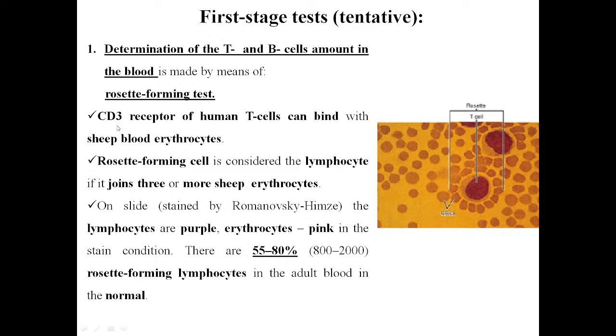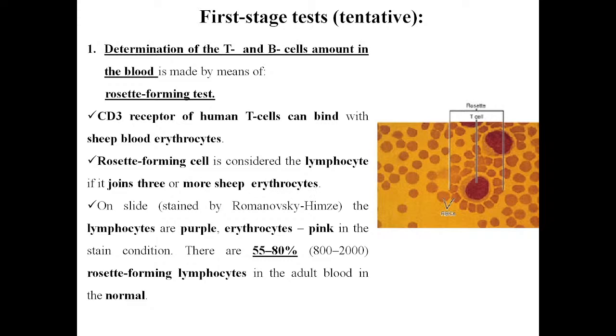CD3 is present on the surface of all lymphocytes, both T and B cells, and this cluster of differentiation can bind with sheep red blood cells. A rosette forming cell is considered a lymphocyte if it joins 3 or more sheep erythrocytes, or red blood cells.